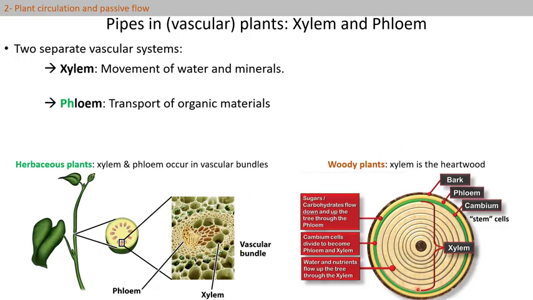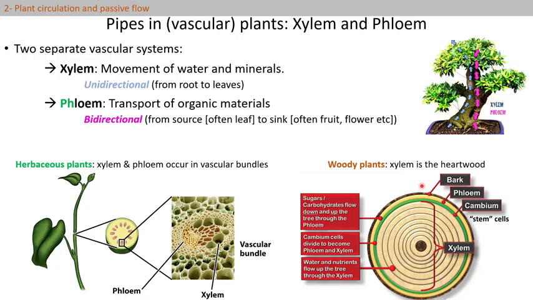The xylem is essentially the circles of wood, and at the very periphery of the plant, you have this layer of phloem, and they're separated by the cambium, which are essentially plant stem cells.